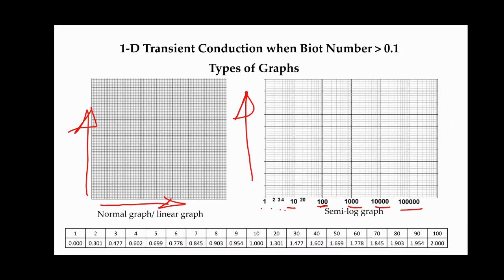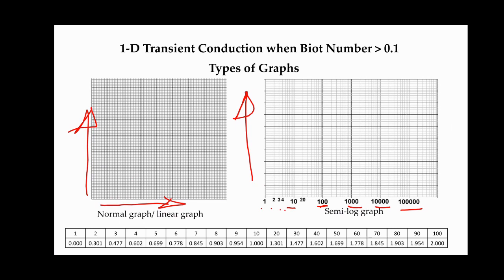In this table I have taken the regular scale, that is 1, 2, 3, 4, 5, 6, 7, 8, 9, 10, and then found the logarithmic value of each. So log of 1 for base 10 is 0, log of 2 is 0.301, log of 3 is 0.477, for 4 it is 0.602, then 0.699 for 5.